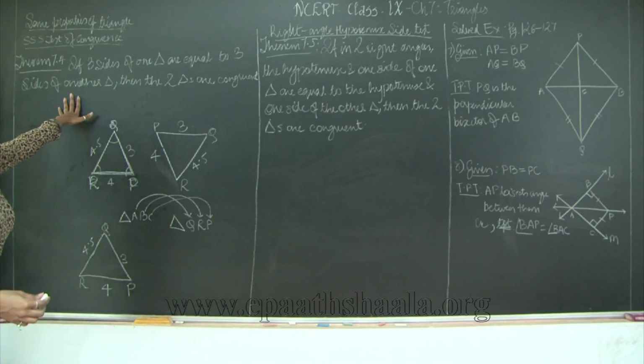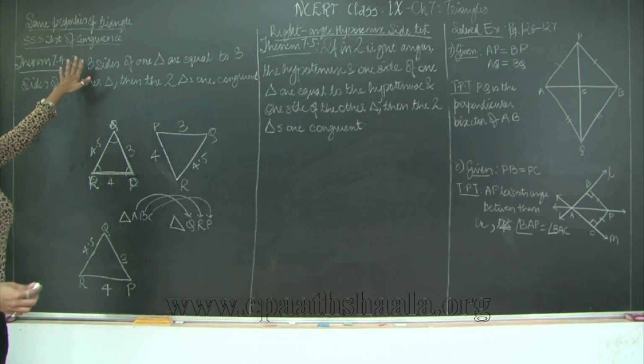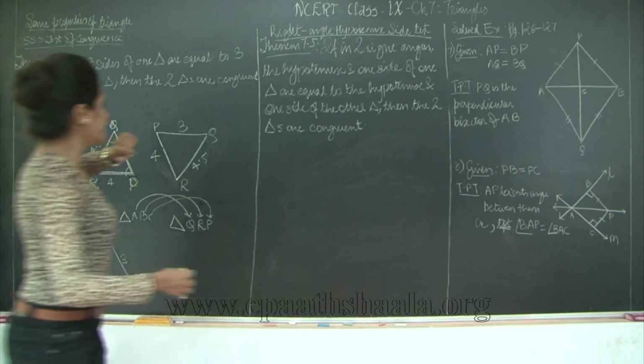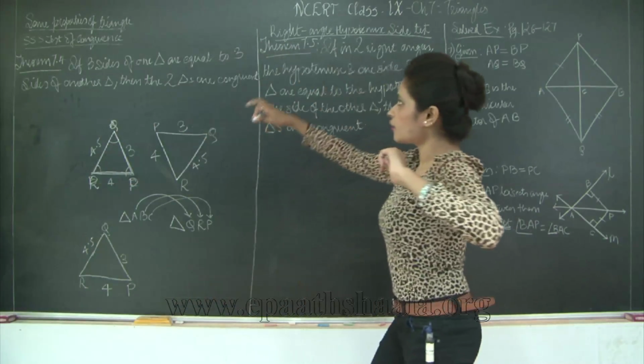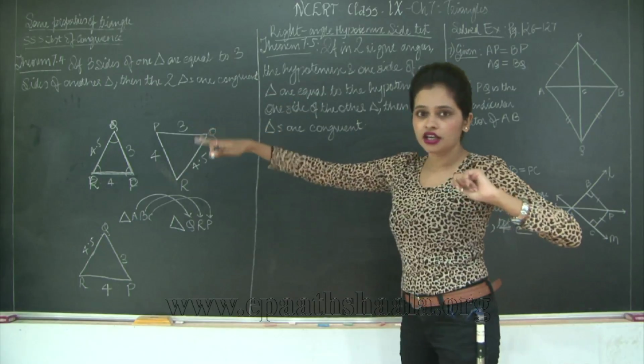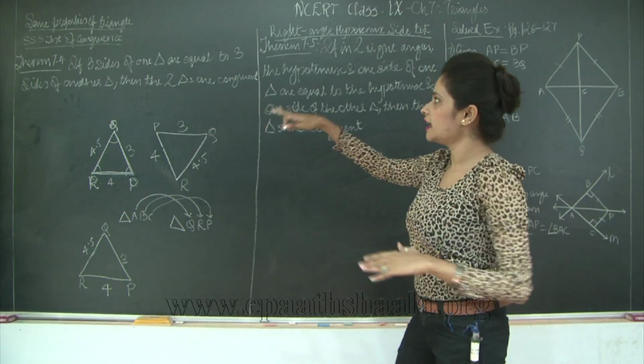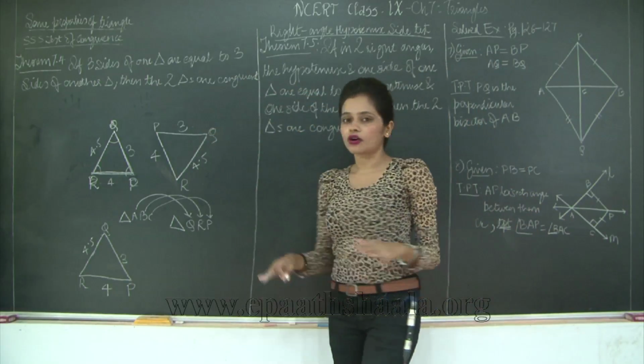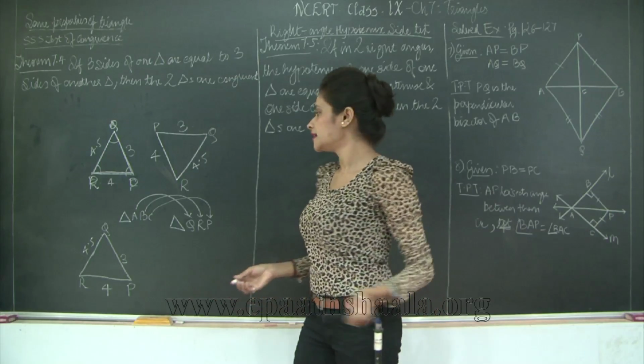So what does the theorem 7.4 state? It is based on the side test of congruence. It reads, if three sides of one triangle are equal to three sides of another triangle, then the two triangles are congruent. Congruent by which test? Side test of congruency.